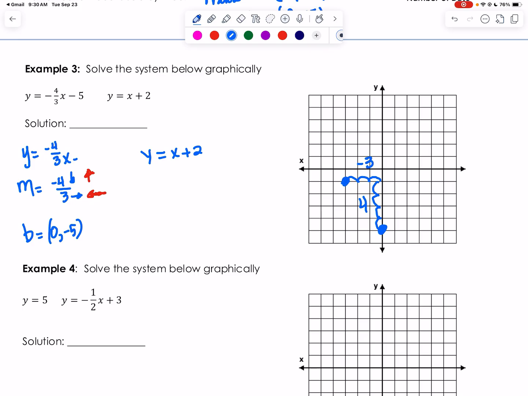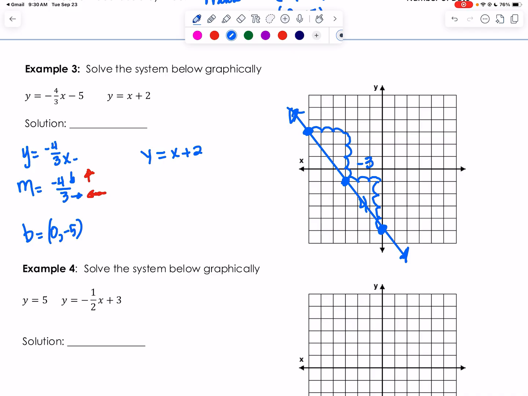Now we'll do that again. Up 4, and left 3. So I've got a new dot there. Remember I said you want to put as many dots as possible. Okay. So that line's going to be like that.